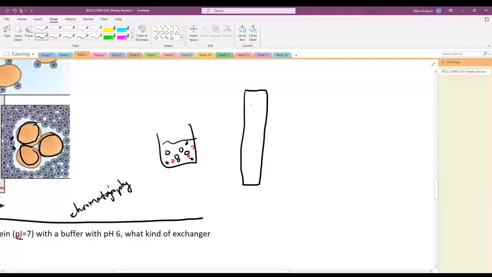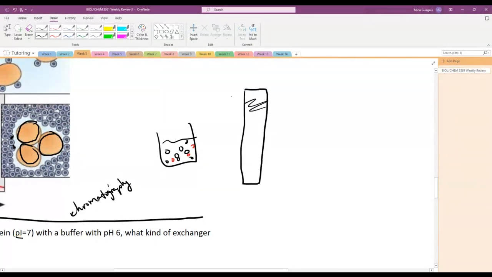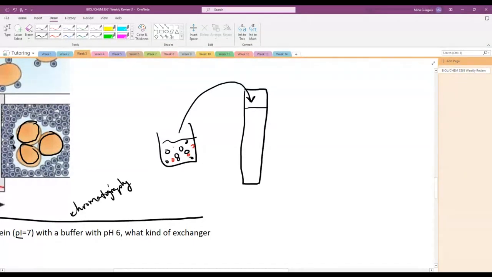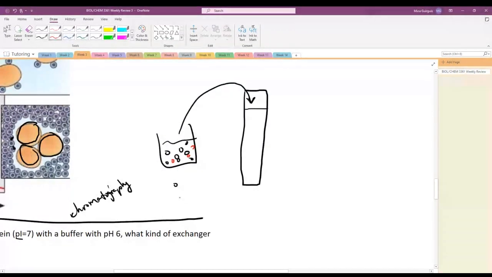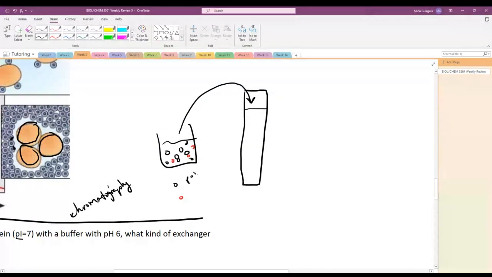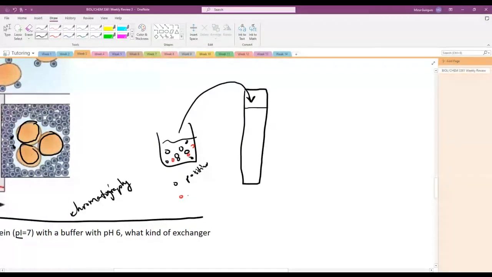This column is filled with some kind of gel-like salt substance. I don't like that it's drawn like that, but it's filled with this. Then you load your solution on there, and using some difference in physical characteristics, maybe this solution versus this red solution are the one that we want. Maybe this one is positive and the red one is negative.